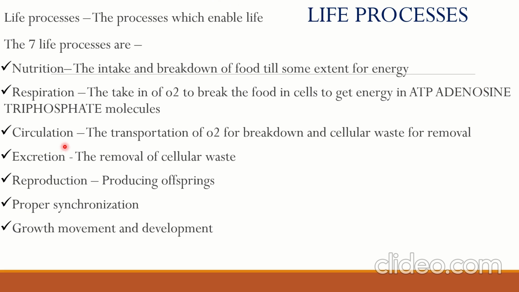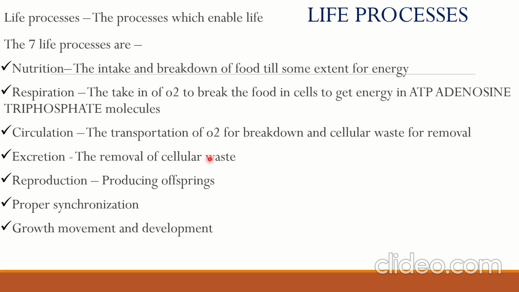Next comes circulation. The circulation transports everything. It's a transportation system. So for the food to reach the cells, the circulatory system does it. Then for the oxygen to reach the cells, the circulatory system does it, because it needs to reach the cell, and that's where it can be broken down.